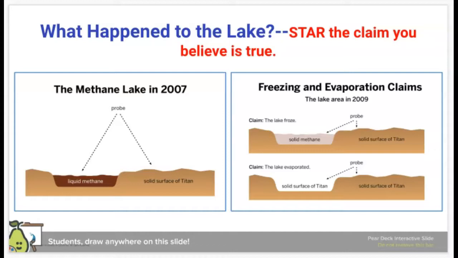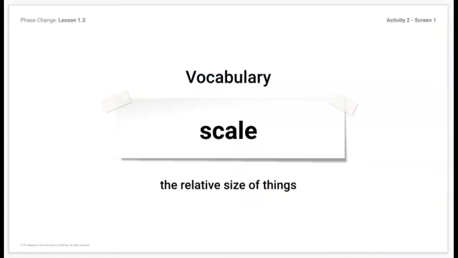We're going to look at what allows water to change phase and then apply that knowledge to this methane lake mystery. So we're going to be looking at water and methane at a few different scales.